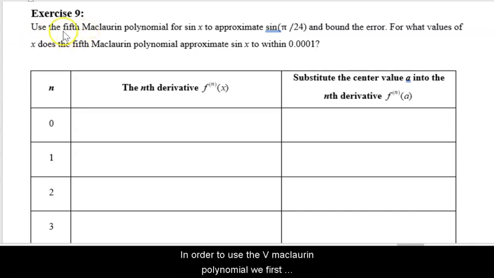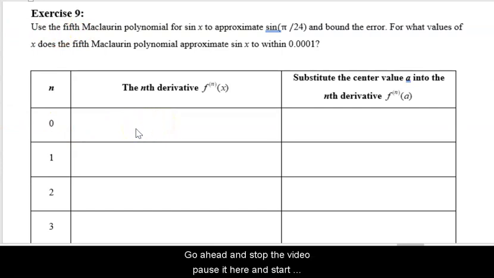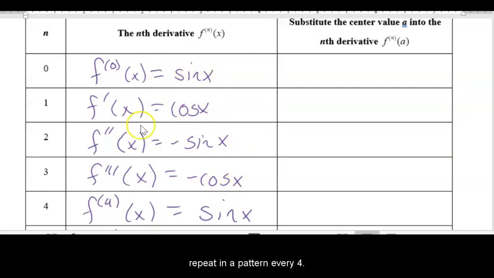In order to use the fifth Maclaurin polynomial, we first need to find up to the sixth derivative. Go ahead and stop the video, pause it here, and start plugging in the values of the derivatives of sine. You will remember from the last two videos that the derivatives of sine repeat in a pattern every 4.